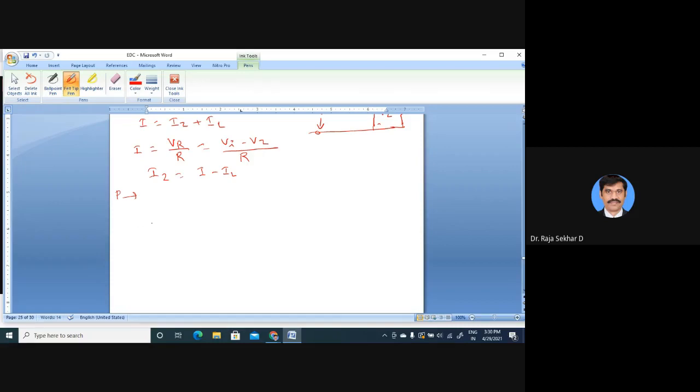For the circuit shown in the figure below, calculate VR, Vo, Iz, and Pz when Vz is equal to 10 volts.